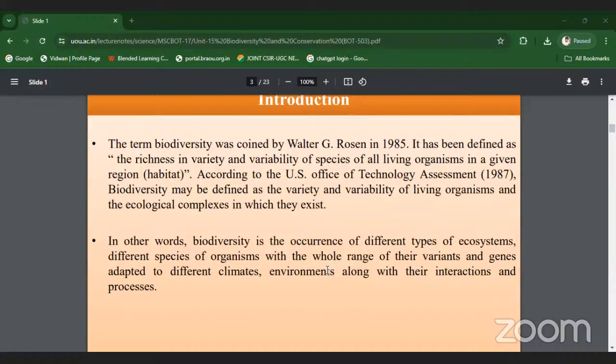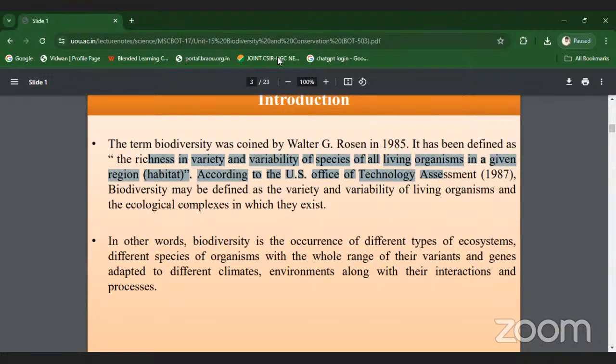Before that, let me give a brief introduction to biodiversity. The word was first given by Walter Rosen in 1985. He gave the definition: the richness in variety of species and all living organisms in a given region or habitat.